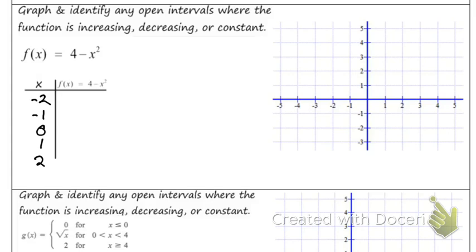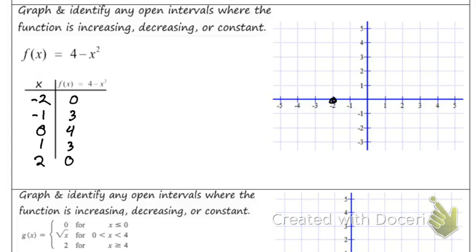When I do this one, we have 4 minus a -2 squared, which would be 4 minus 4, which is 0. Then we're going to have 4 minus 1, -1 squared, which would be 4 minus 1, which is 3. When I plug a 0 in, we have 4 minus 0, which is 4. Then we're going to have 3, and then we're going to have 0 again.